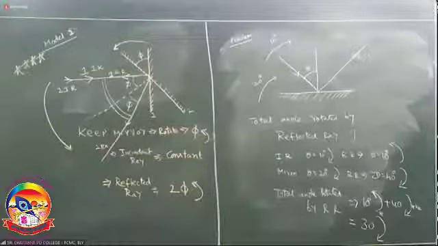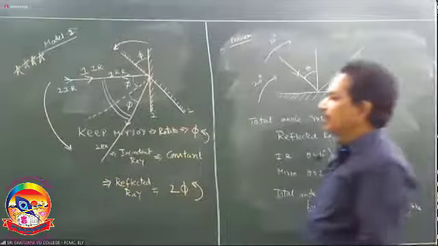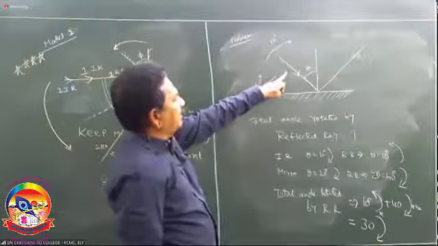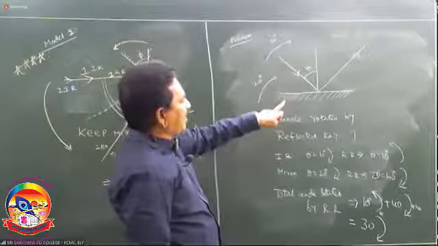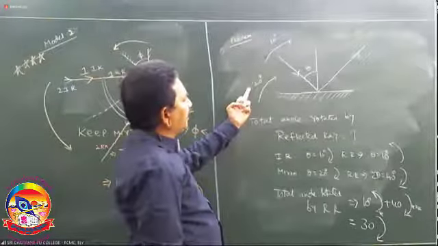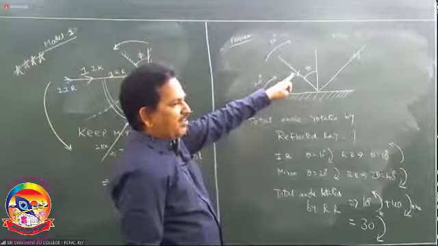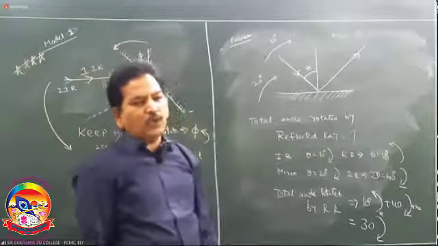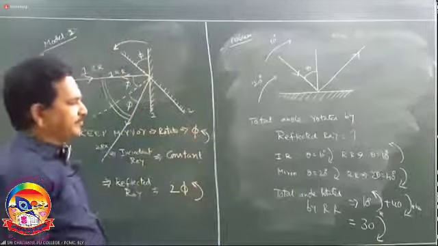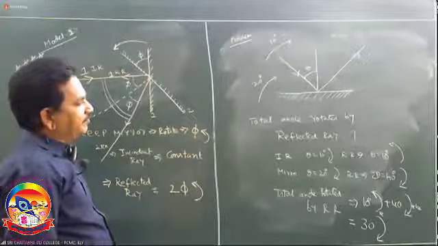So what is the problem? The incident ray is rotated by 10 degrees, keeping the mirror constant. The mirror is rotated 20 degrees, keeping the incident ray constant. We have to find the total rotation made by the reflected ray.